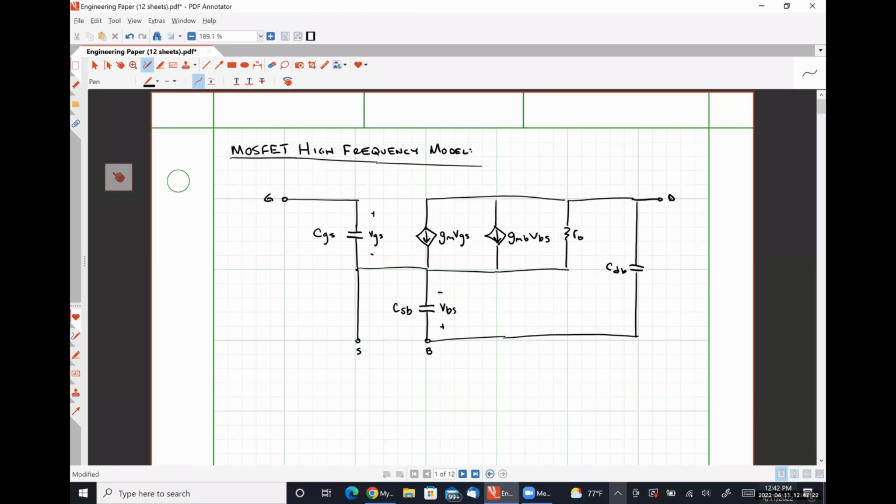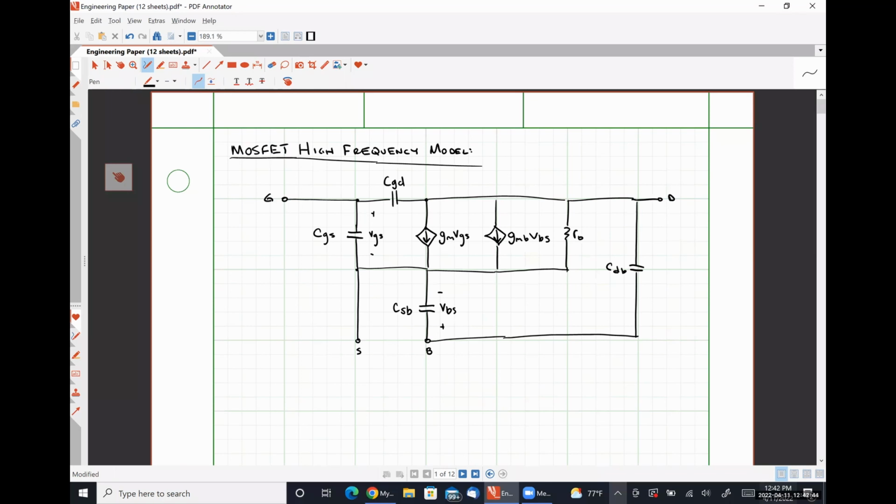Here is our drain terminal. And then finally, the thing that makes this extra annoying is a capacitance observed between the gate and the drain, called CGD. So this guy is pretty gnarly.